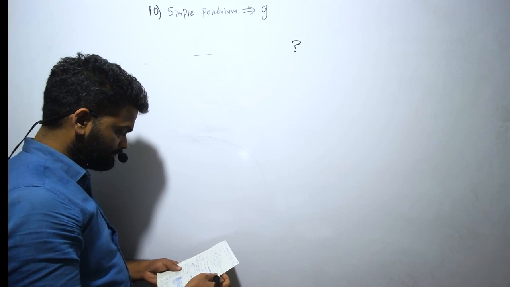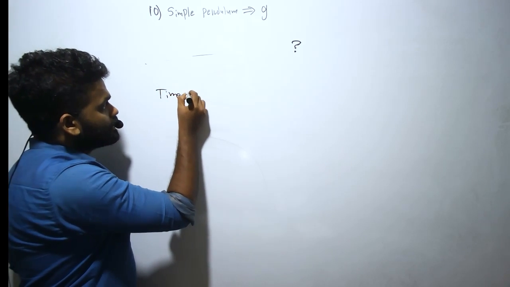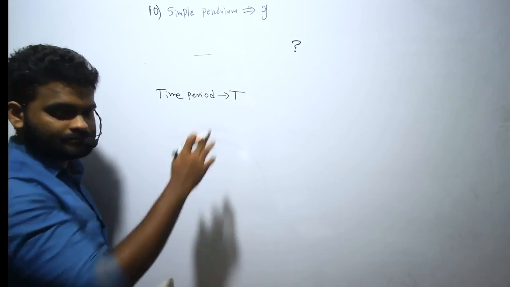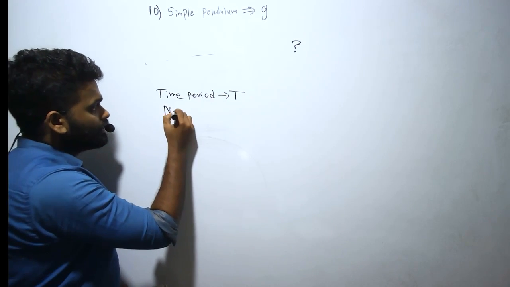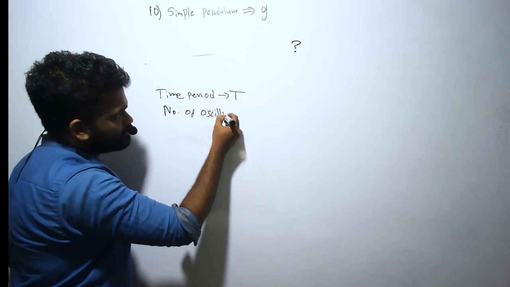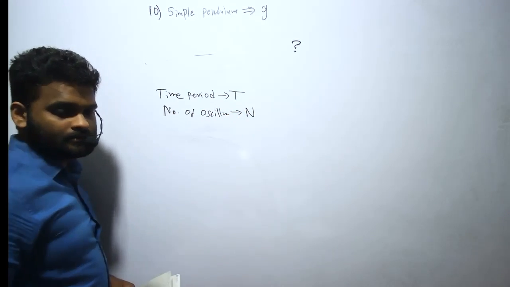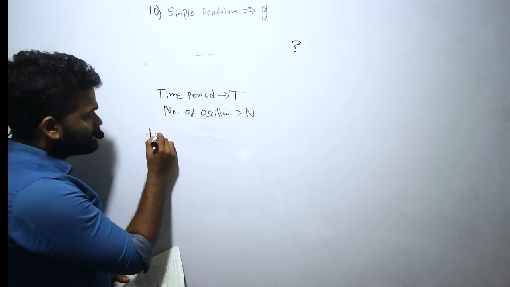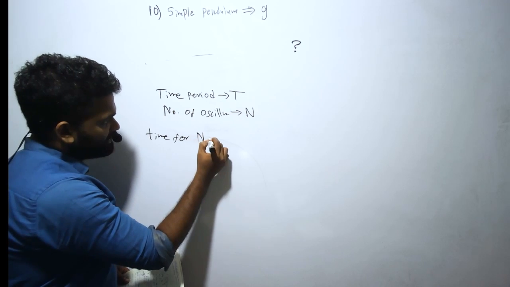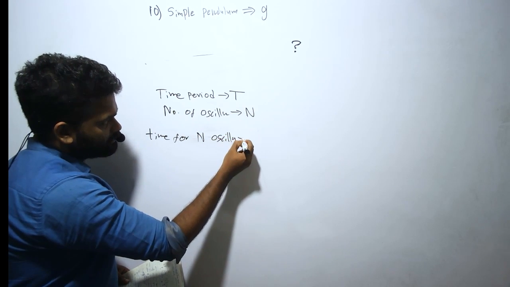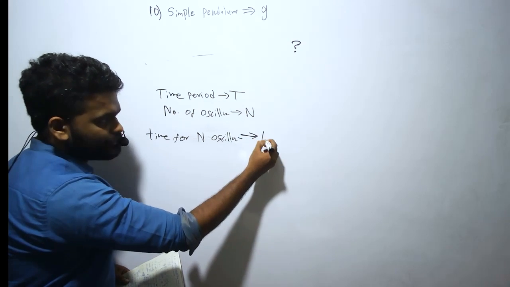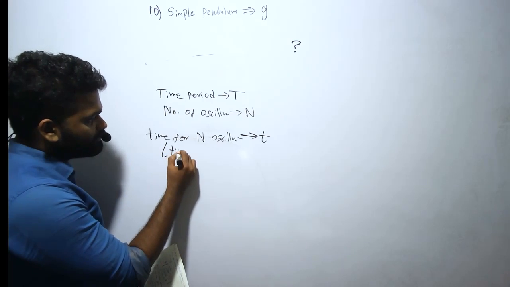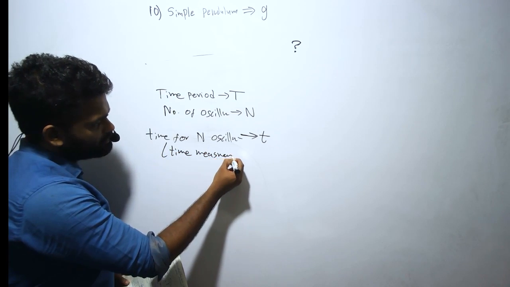Let's say the time period is capital T. The number of oscillations is capital N. If you want, you can take it down. The time for capital N oscillations, let's say simple t, is what we call the time measurement.